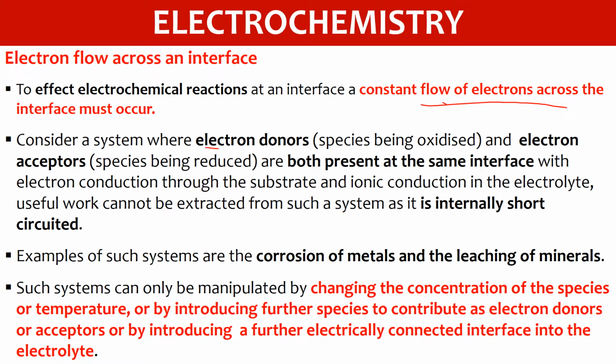So in a system, there actually have to be electron donors and electron acceptors. If these are both present at the same interface, with an electron conduction through the substrate and ion conduction in the electrolyte, we can confirm that this is an internally short circuit.